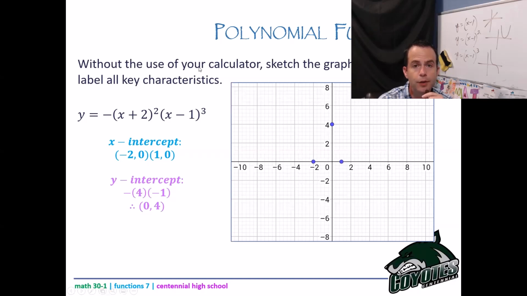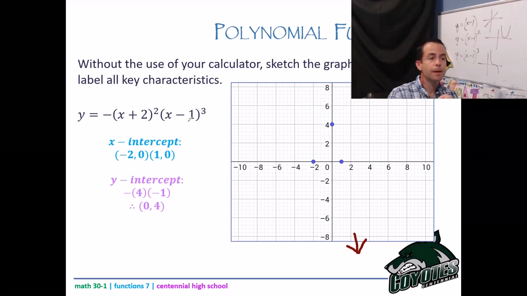Okay, I know that my end behavior is going down because I have a negative coefficient. So right away I could say, okay, I have to end going in this direction. I know that this is a degree 5 altogether because the overall degree of a polynomial will be the sum of the multiplicities.